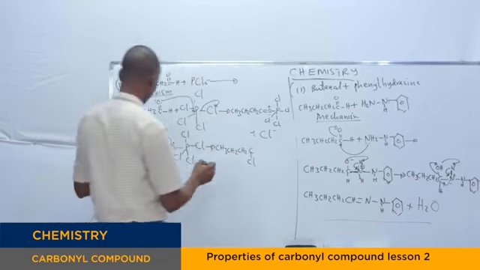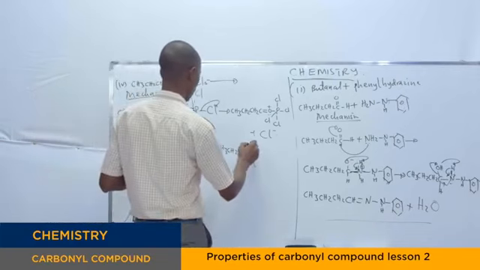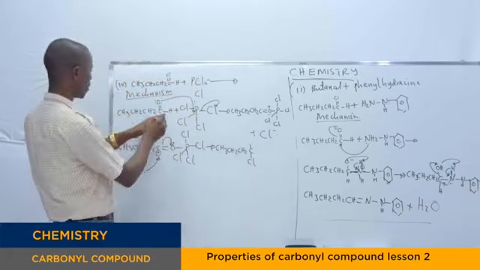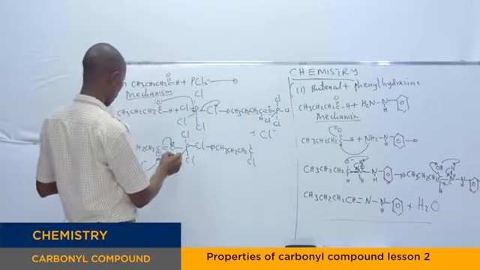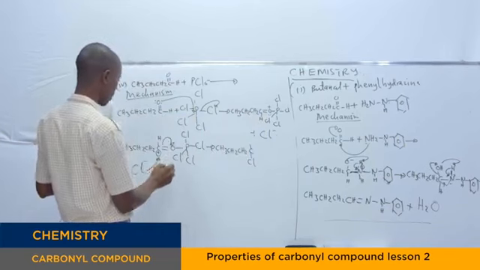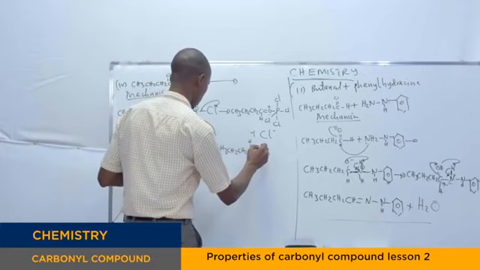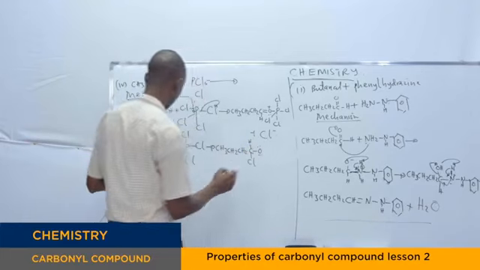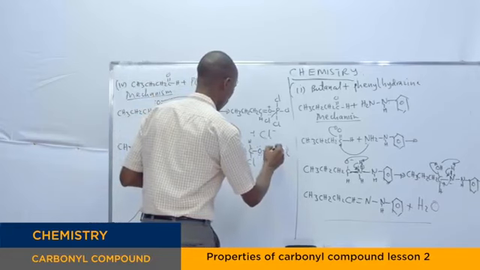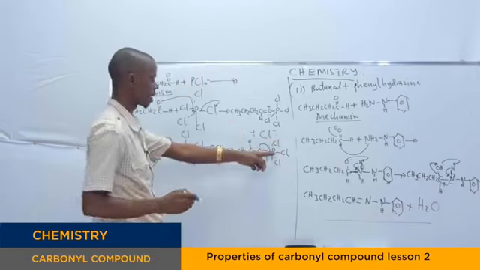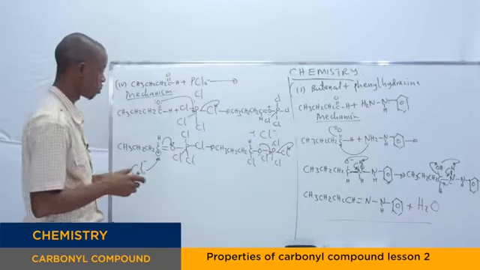This chloride will be taken there. And remember, this carbon had the hydrogen atom, so we put it there in that way. The lone pair of oxygen has returned. It can attack the phosphorus atom, making the electron move to the chlorine atom, which is more electronegative.